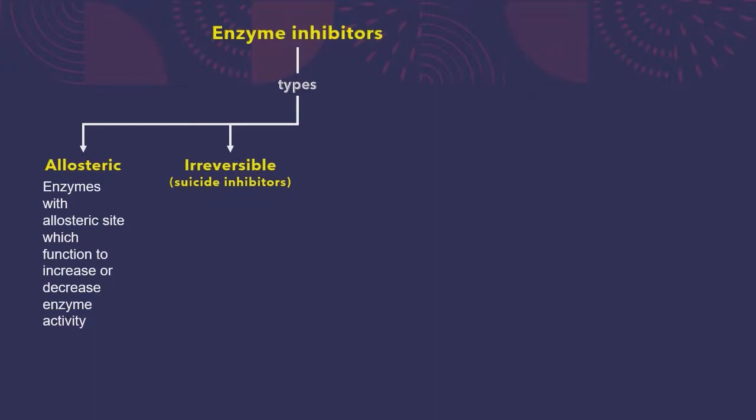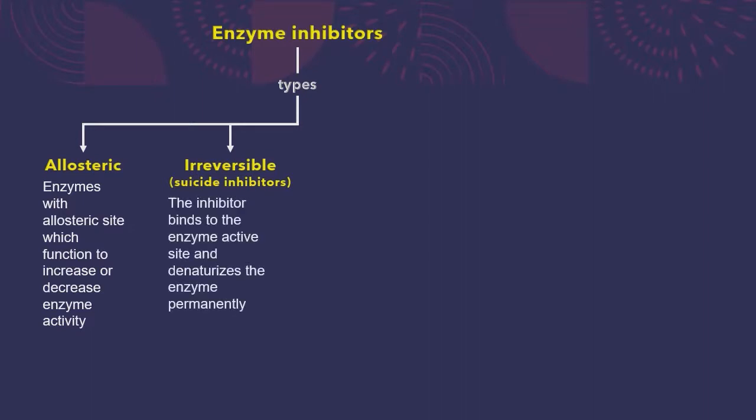And another type of inhibition is the irreversible. The irreversible inhibition is also known as suicide inhibition or suicide inhibitor, because the inhibitor will bind to the enzyme active site and will actually denature the enzyme permanently, so therefore the enzyme can no longer function.